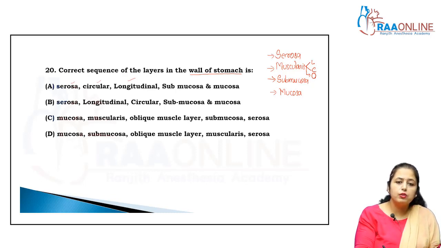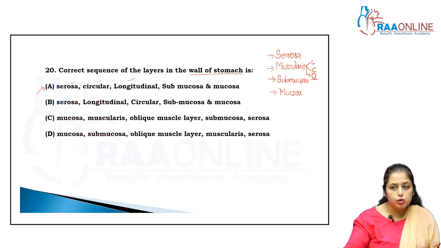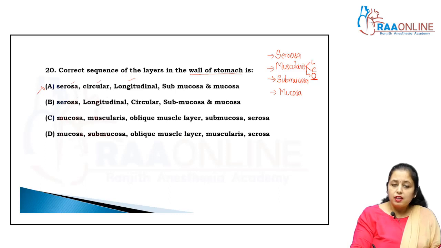Outer is longitudinal, then circular, then submucosa, then mucosa. In the second option, serosa, longitudinal, circular, submucosa, mucosa, it is correct, but in the wall of the stomach one more very important layer, the oblique, is there, so it is not wrong but not appropriate.